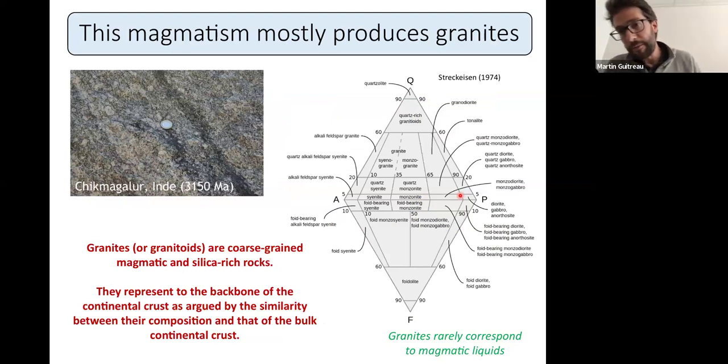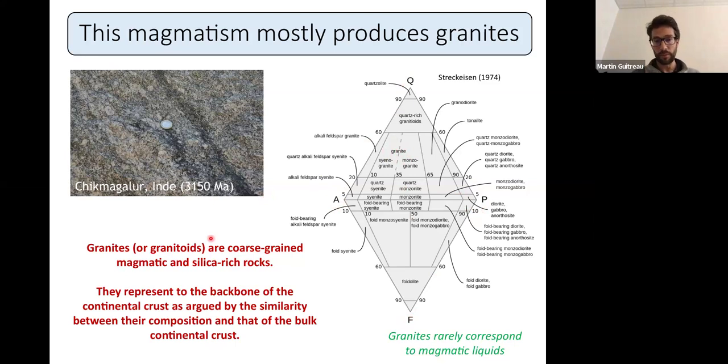So I've put granites in plural because I wanted to differentiate granites from the term granite, which is here in this Streckeisen diagram, where you have quartz, alkali feldspar, plagioclase, and feldspathoids. So granite is actually a rock in itself, but when I say granites, it's in a broad sense, or you could use granitoids.